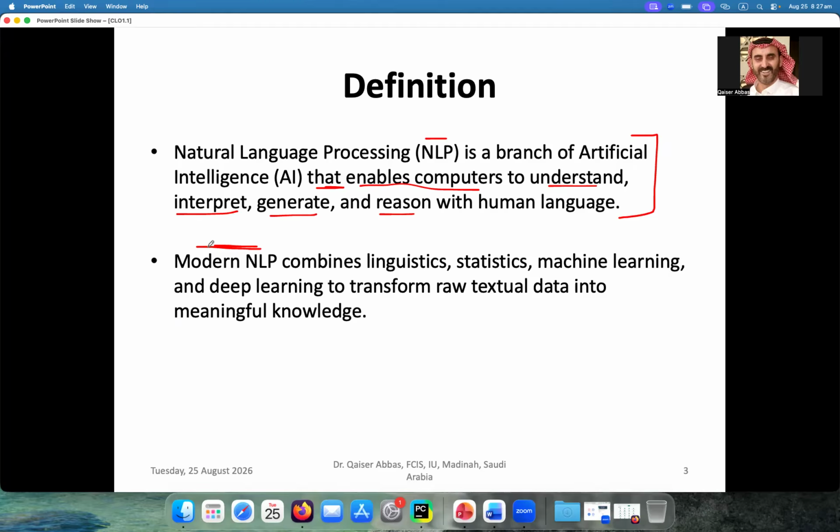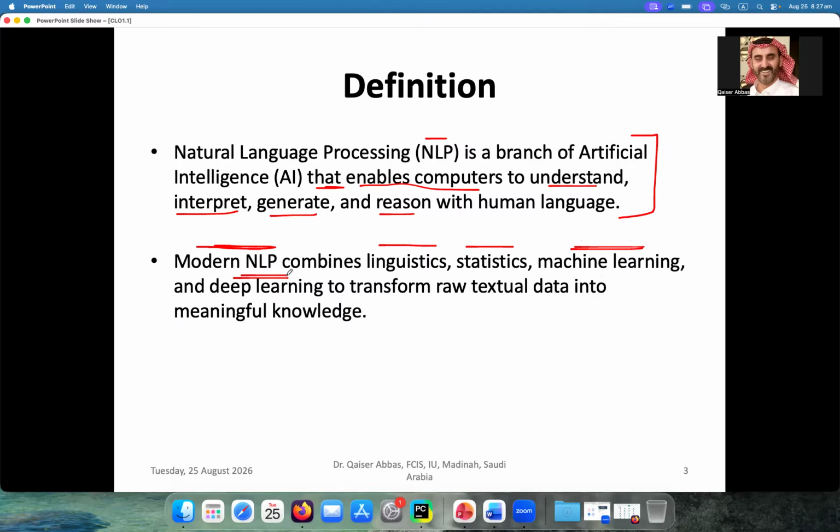But still in modern NLP, we have the concepts of linguistics, we have the concepts of statistics, we have machine learning, we have deep learning. We are writing these words again and again because nowadays people are understanding these two branches.